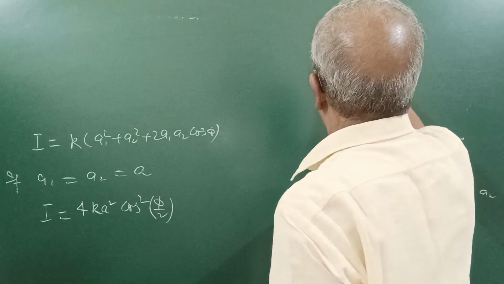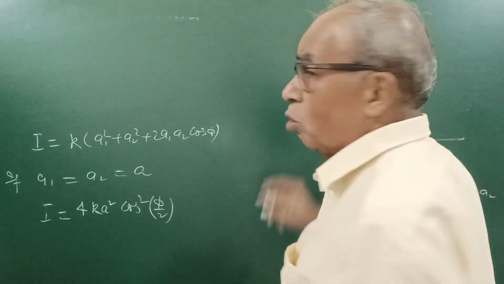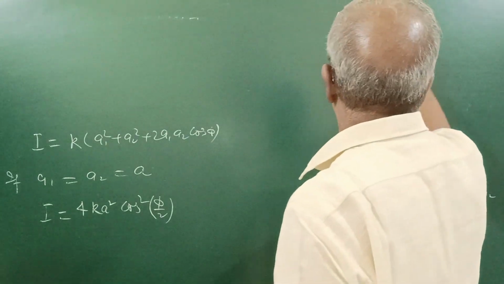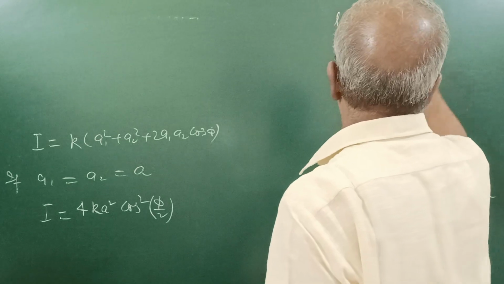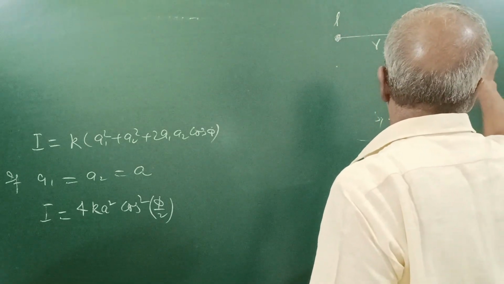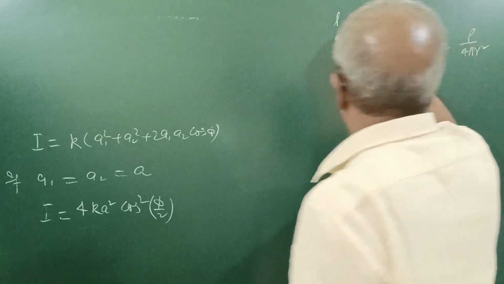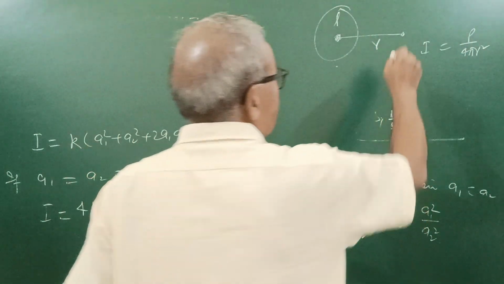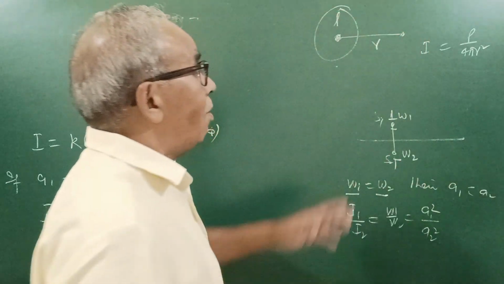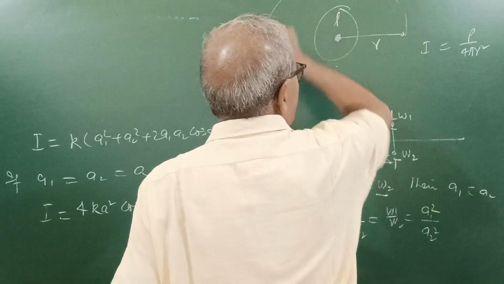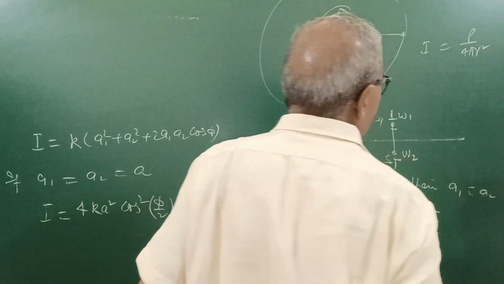Point P is the source, and at distance R the intensity will be power upon 4 pi R square, whether it is a source of light or sound. Intensity means power, energy per second per unit area. This will be the area through which it will pass, so divided by 4 pi R square.